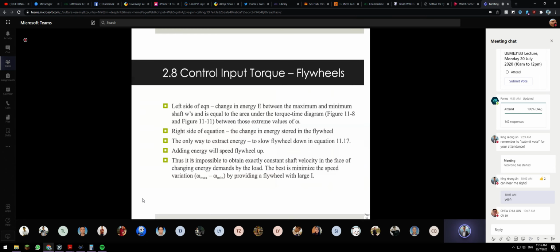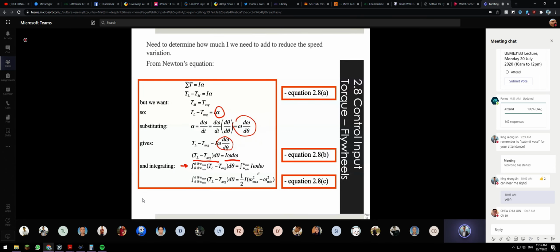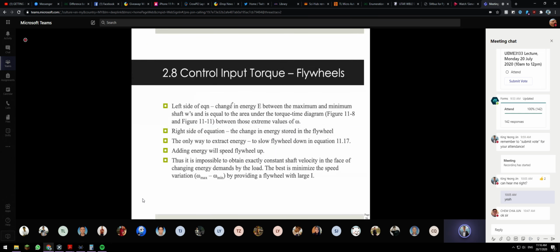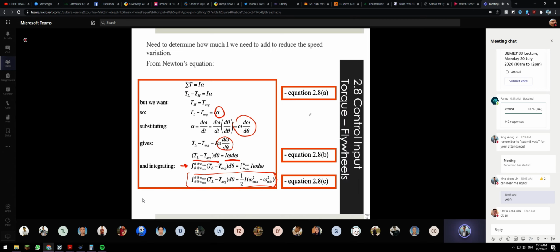So this is the derivation, and we will get this function. The left side of the equation is the change in energy between the maximum and minimum shaft angular velocity, and it is equal to the area under the torque-time diagram.